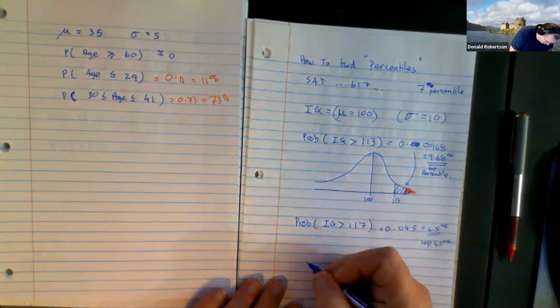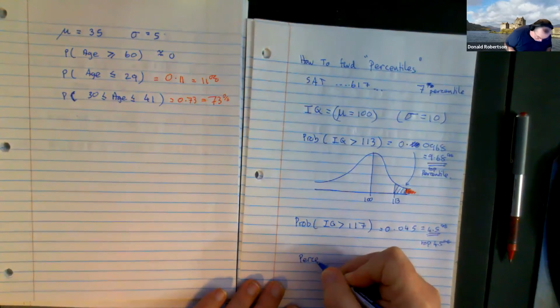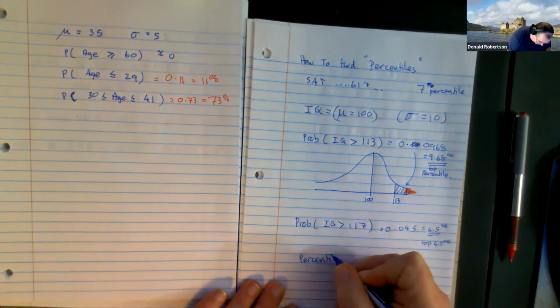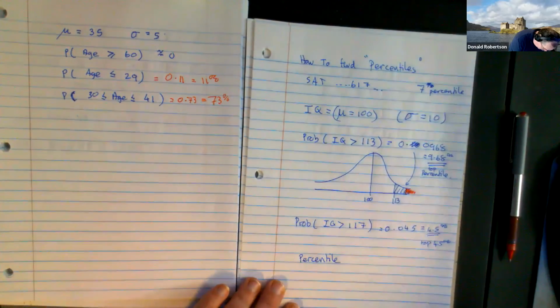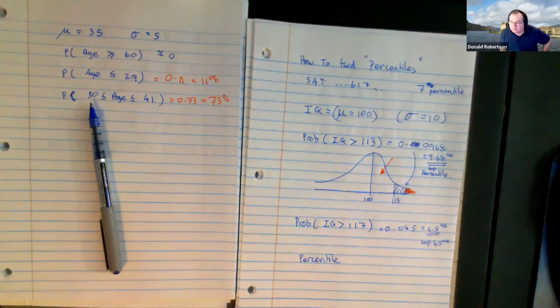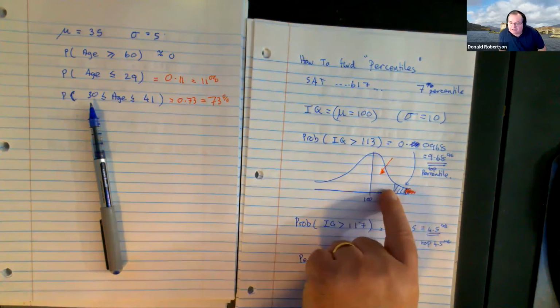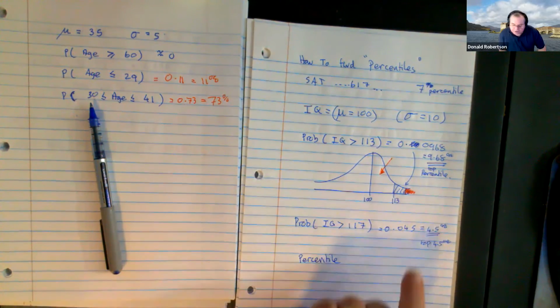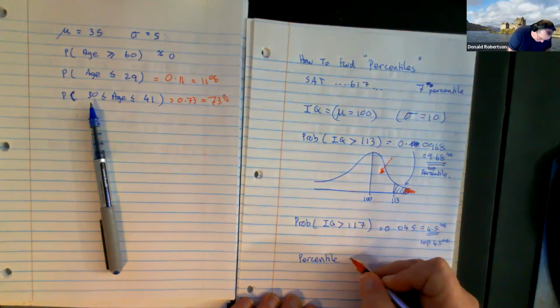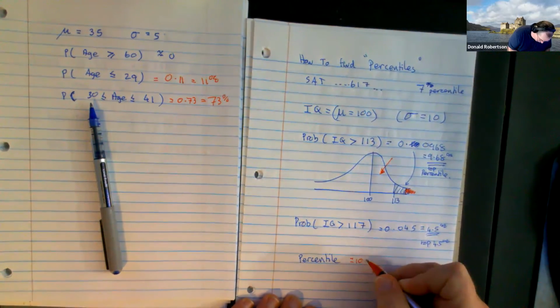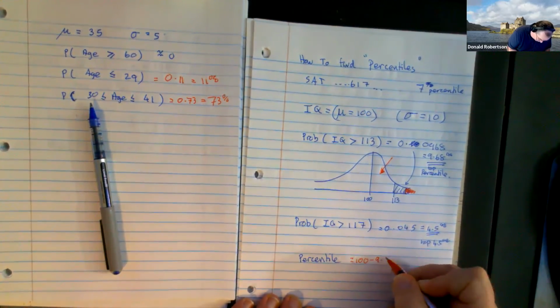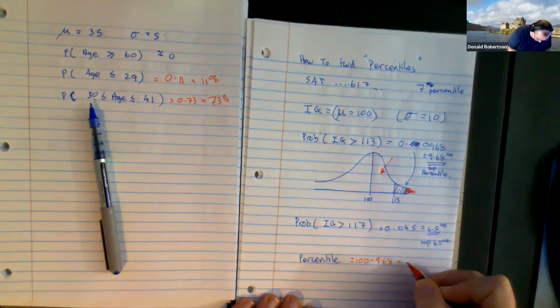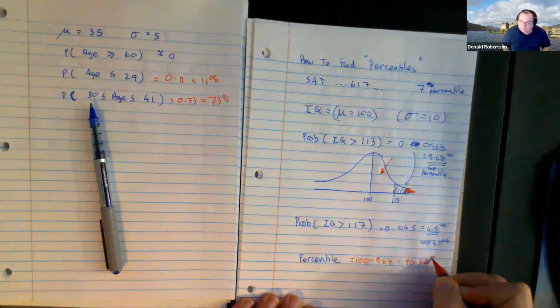But when you see the word percentile on its own, you actually take the white bit. So if you're in the top 9.68%, if you take that away from 100, can you see that you're in the 90.32 percentile?